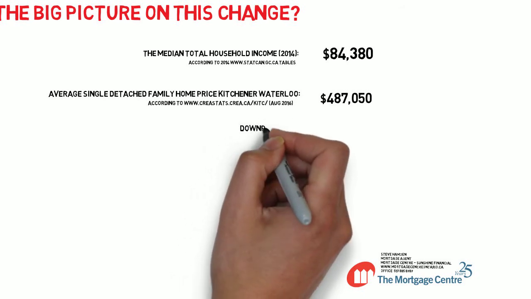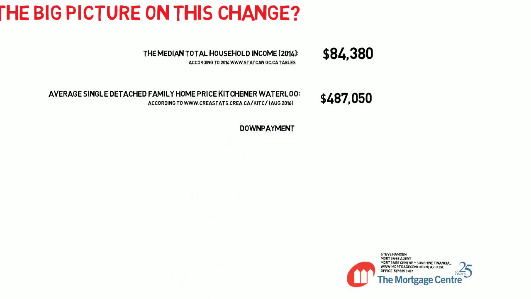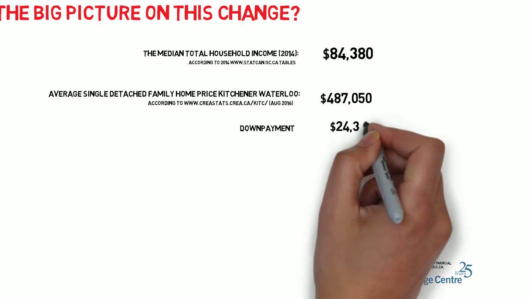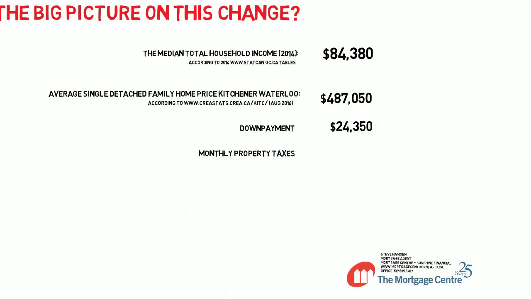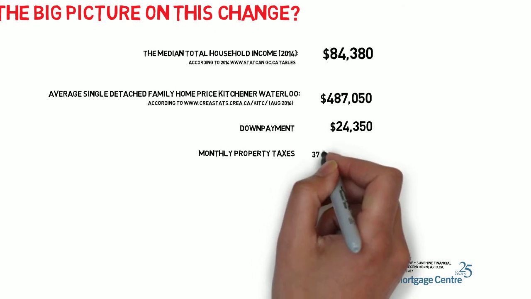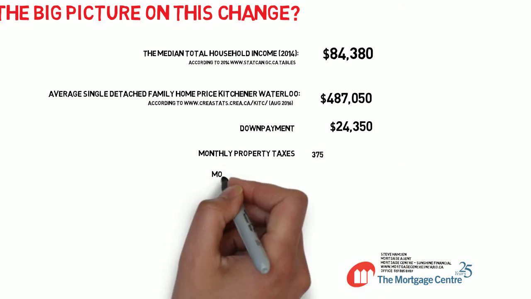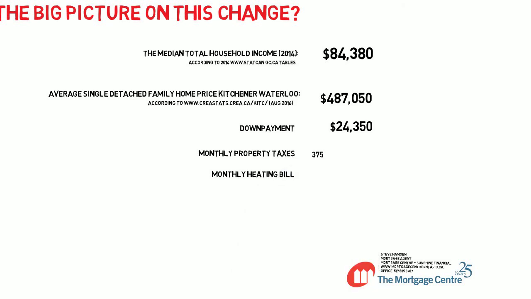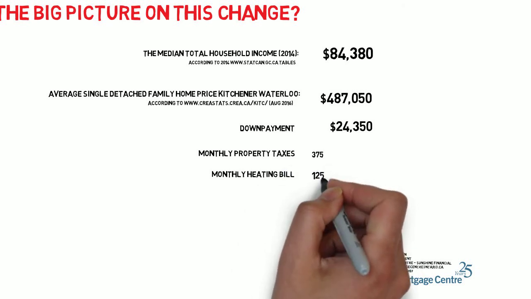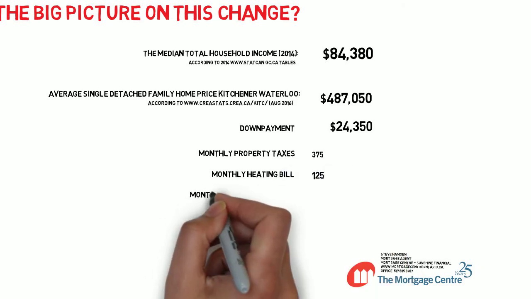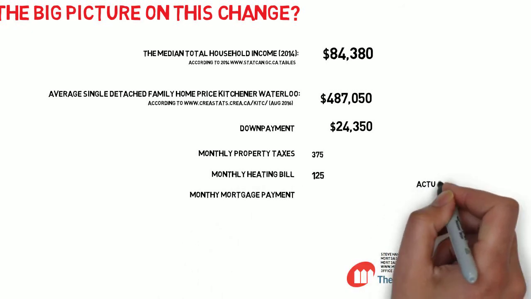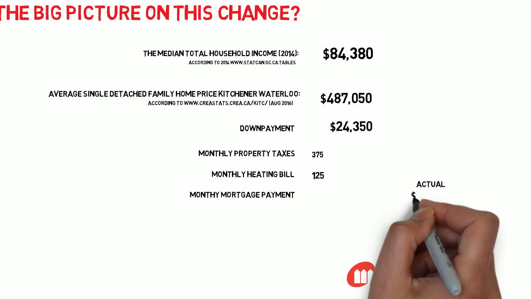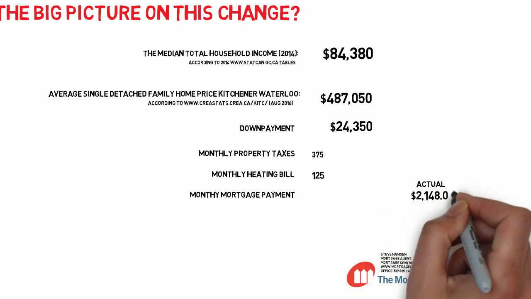So if we apply a 5% down payment again using the same methodology, that'd be approximately $24,350 as the down payment. We use a $375 a month property tax, $125 a month heating bill, and using again that 2.49, we come up with a monthly payment of $2148.05 as our actual monthly payment.